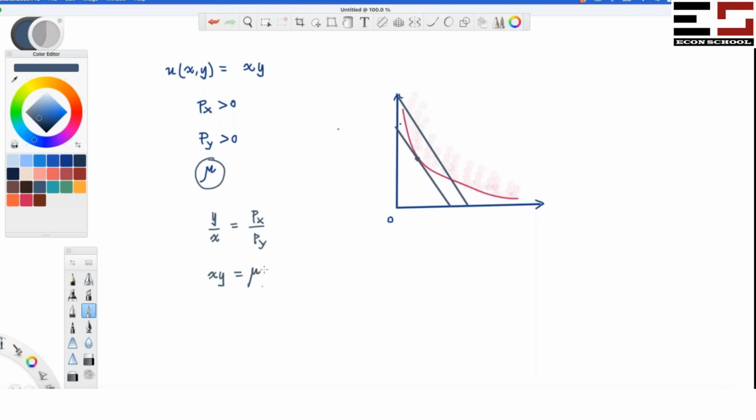So what are we going to get? Well, y equals mu by x. So mu by x squared equals px by py. So x squared equals mu py by px, so x equals the square root of this.